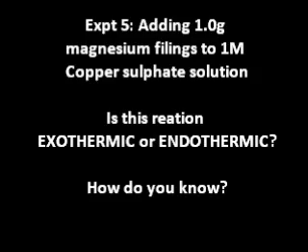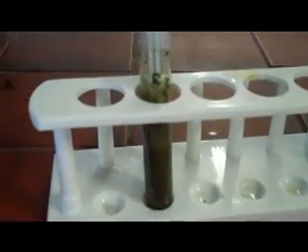So is that an exothermic or an endothermic reaction? So the copper sulfate and magnesium filings produces a strong exothermic reaction. The temperature's gone above 50. We had to change thermometers and it's up to 65 and still rising. And the colour has changed.